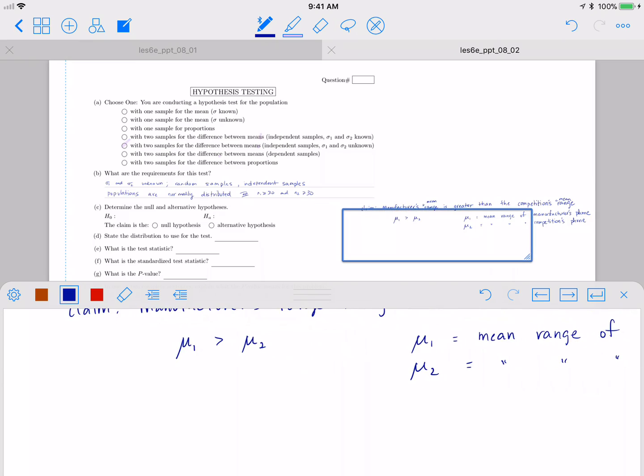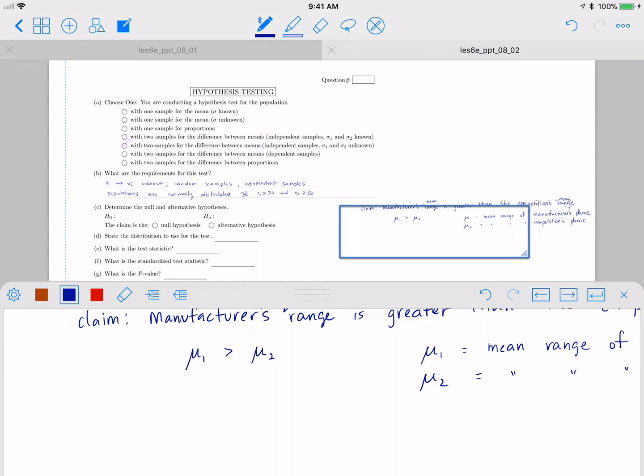Okay, now we've got our statement, mu1 is greater than mu2, so we do the complement. The complement is going to be mu1 is less than or equal to mu2. Our null hypothesis is the complement, and our claim is the alternative hypothesis.